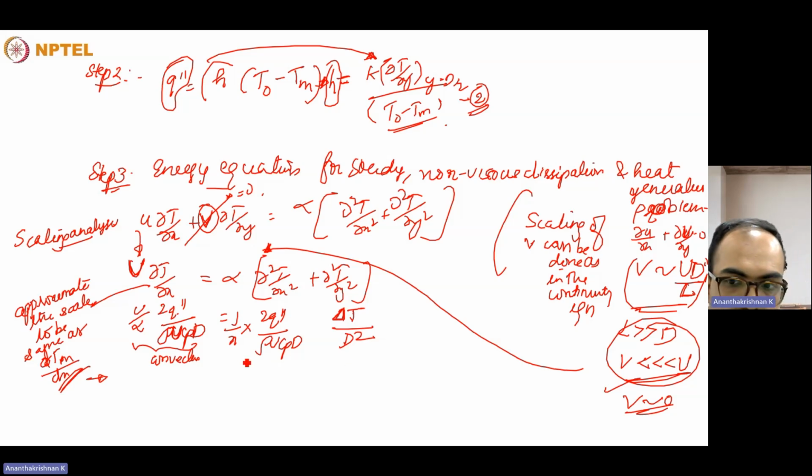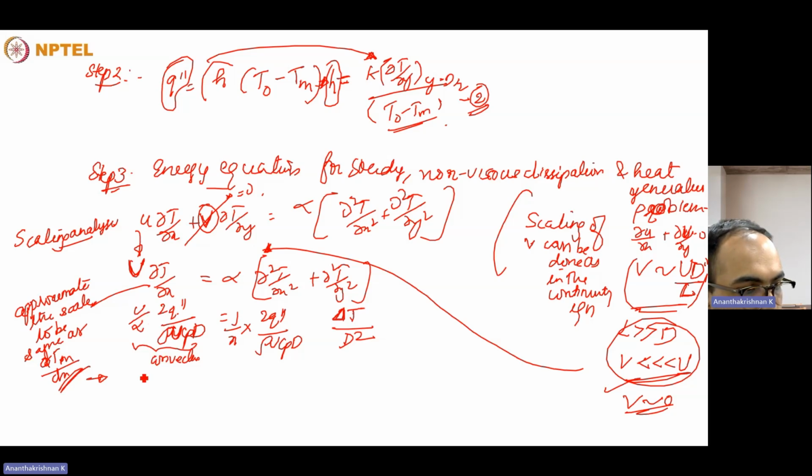Taking this ΔT by D squared on the opposite side, this will become equal to U by α, and expand this α as k by ρCp.